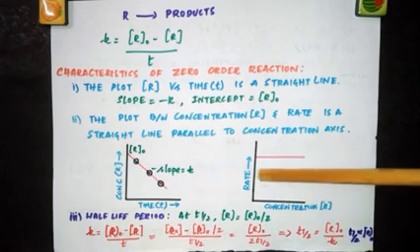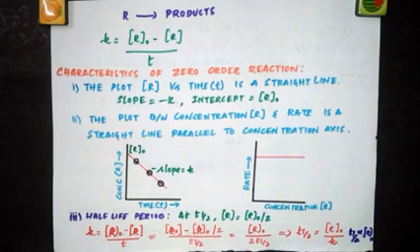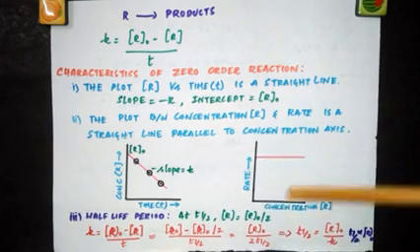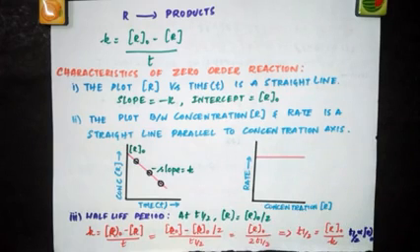So for each concentration, you're drawing a graph for different rate of the reaction. So you are getting a straight line parallel to the concentration axis. Sometimes they will give you the graph and they'll ask you what order reaction is that, or they'll give you the graph and they'll ask you what do you get from the slope, what is the intercept. So you should be very clear with the graph.